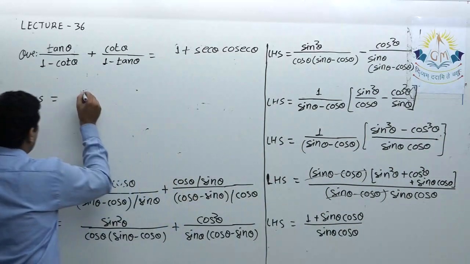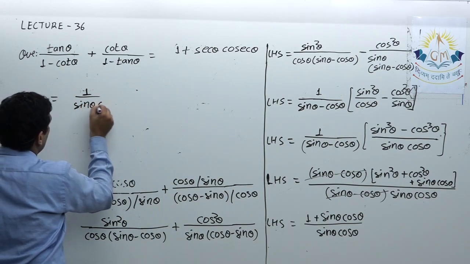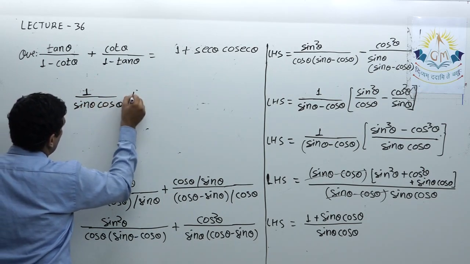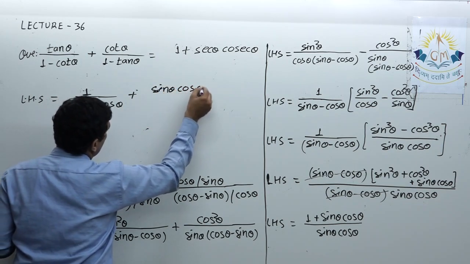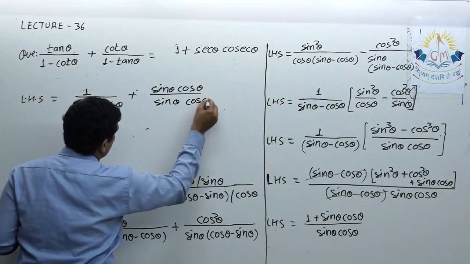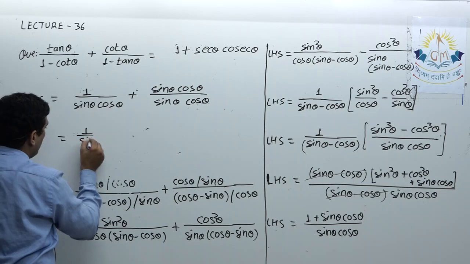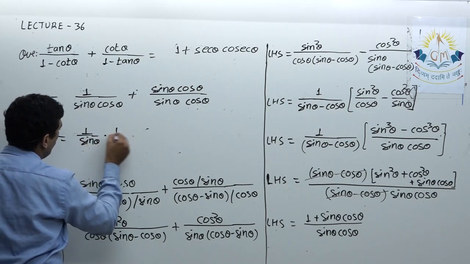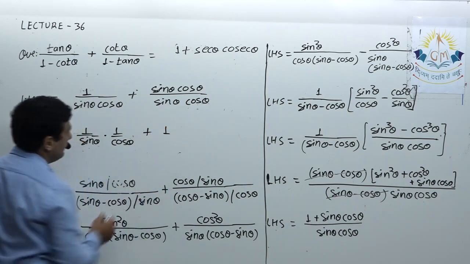So here now I can write next step 1 upon sin theta cos theta plus sin theta cos theta upon sin theta cos theta. Okay, so here I can write this as 1 upon sin theta into 1 upon cos theta plus 1.